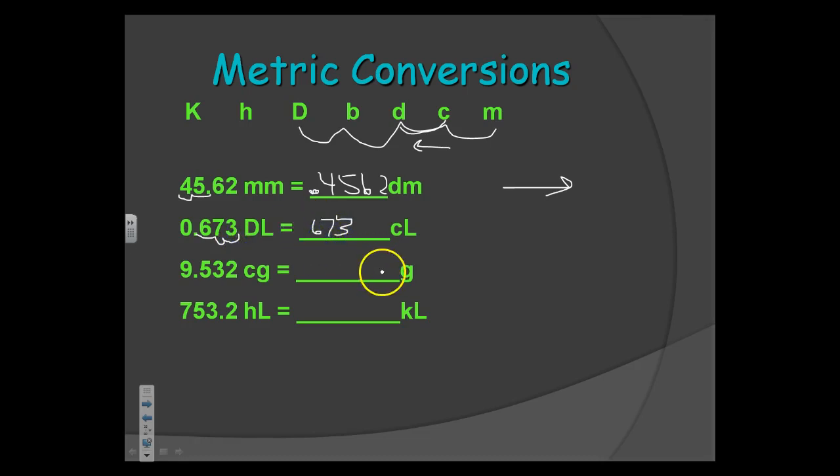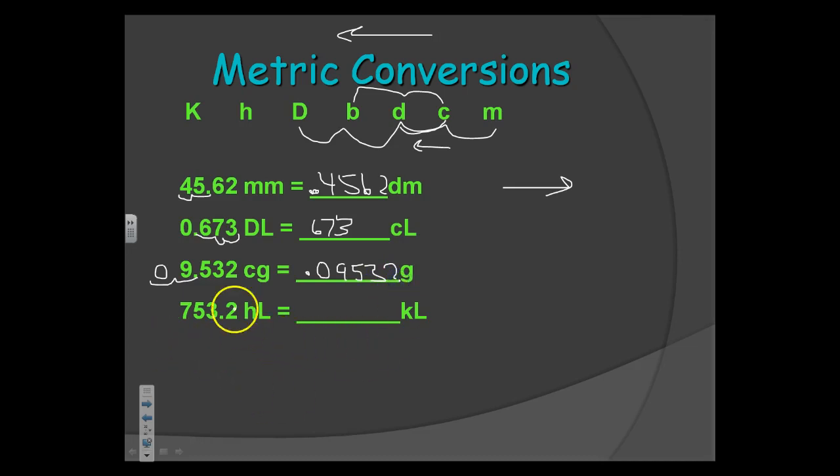So it's 673 centiliters. The next one, we've got centigrams, and we're going to grams. So we're going to go to this base unit, and we're starting at centi. 1, 2 in that direction. So 1 and 2. Now there isn't a number here, so I'm just going to put a 0. And I end up with 0.0953 and 2.